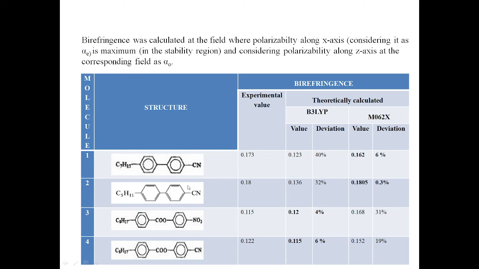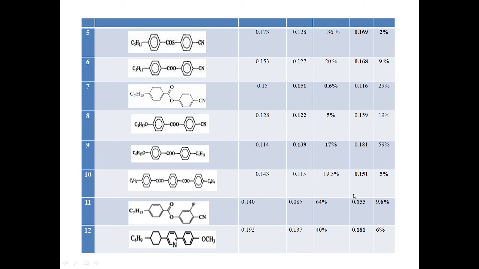So one can see that molecular geometry decides which method is more suitable for the calculation of birefringence. One can take a set of molecules and see a similar case.